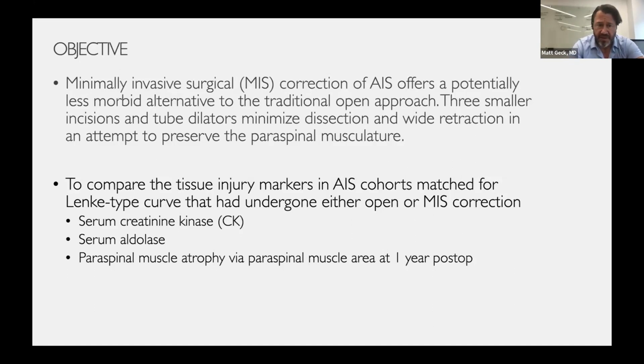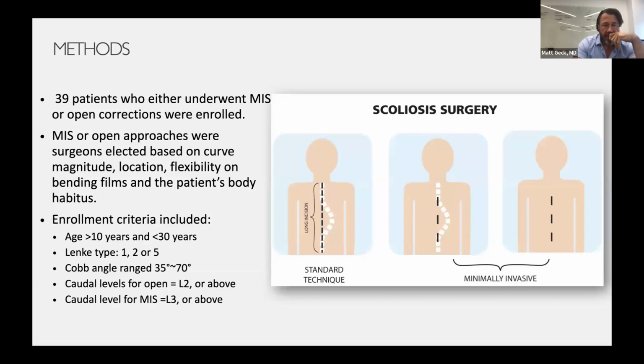So we looked at the standard tissue injury markers for spine surgery. And then we looked at paraspinal muscle atrophy, trying to get MRIs somewhere between 9 months and 18 months post-operatively. And so we enrolled 39 patients, and these were the inclusion criteria.